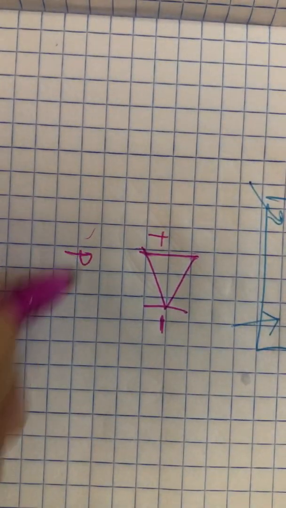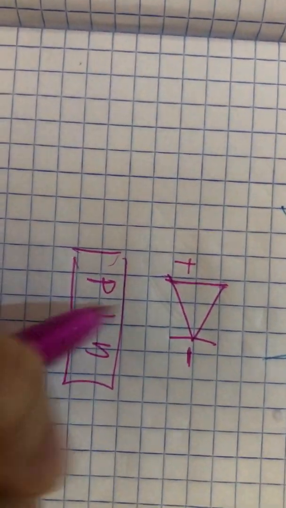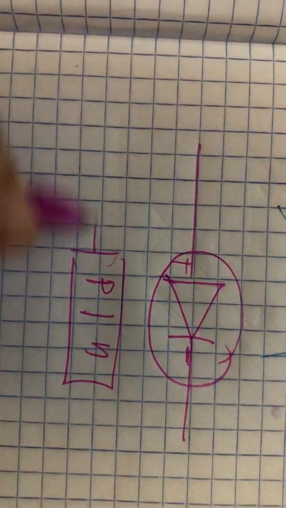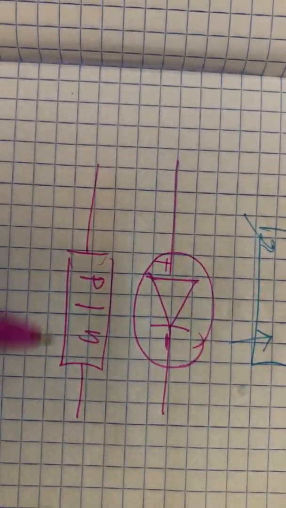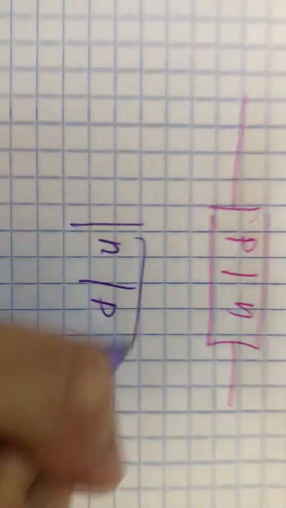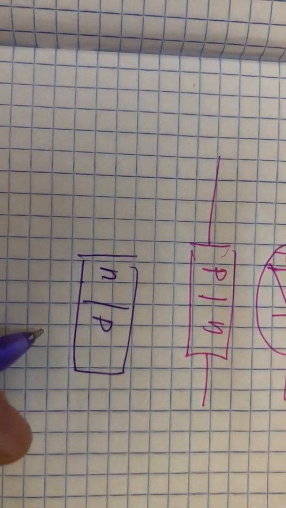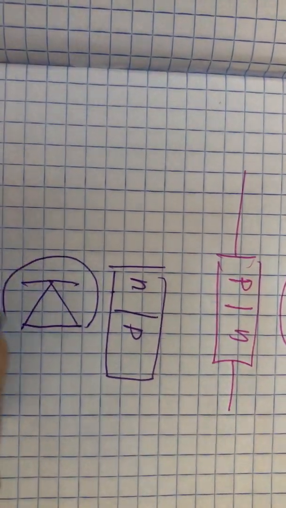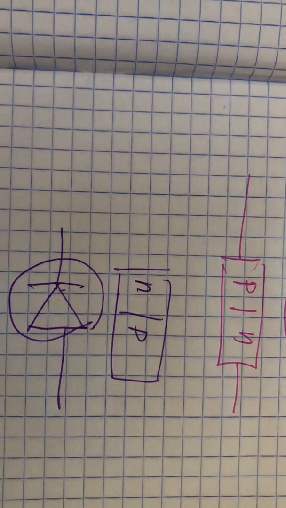It's just like this is P and this is N. So when you have P and N, your diode looks like this. If I'm going to draw N and P, how do I draw the symbol? P will be longer, N will be shorter. So this is how the symbol of a diode looks.